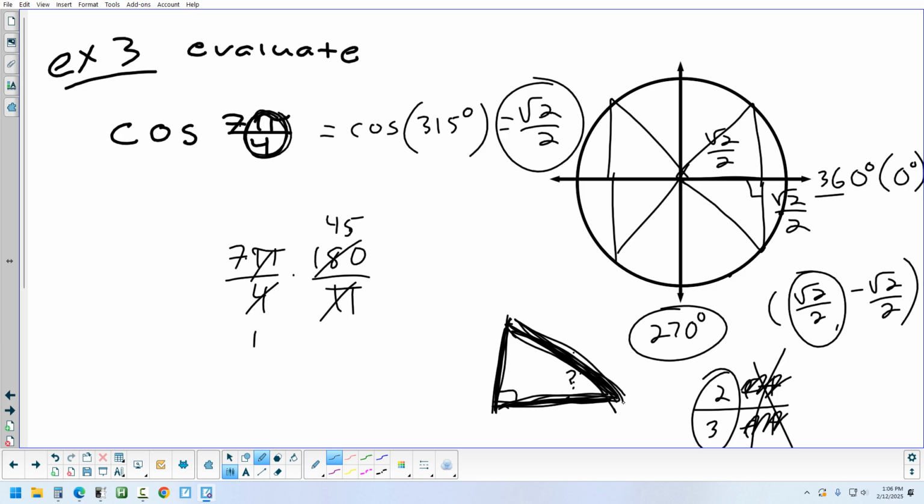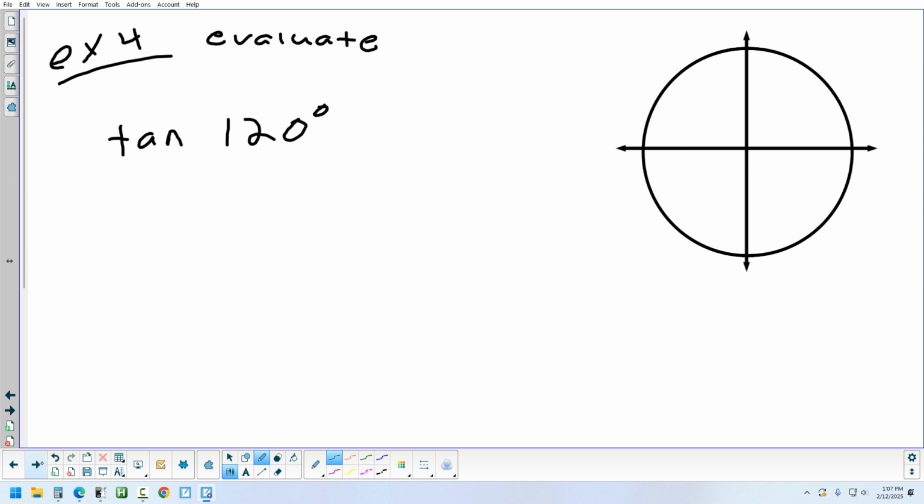All right, so let's try tangent of 120. Okay, so now we're going to figure out where 120 is. Right in the middle, closer to 90, or closer to 180? Closer to 90.